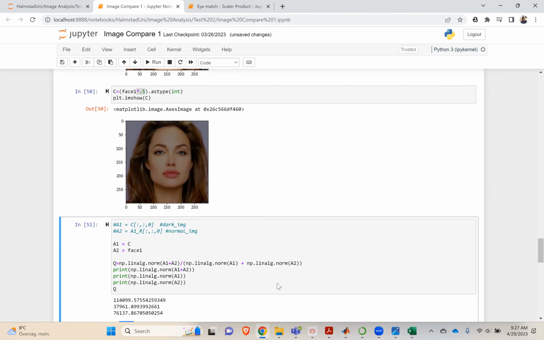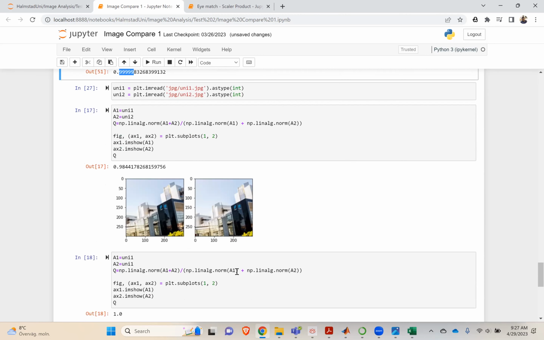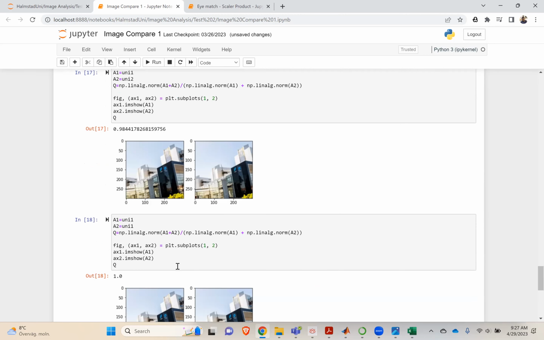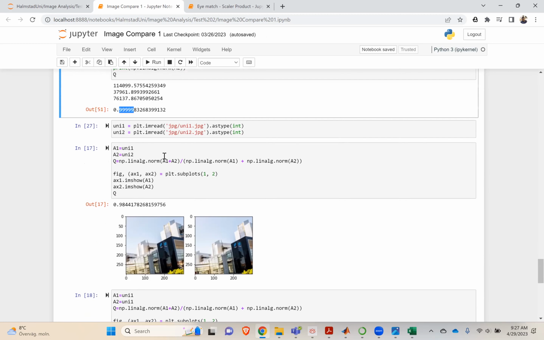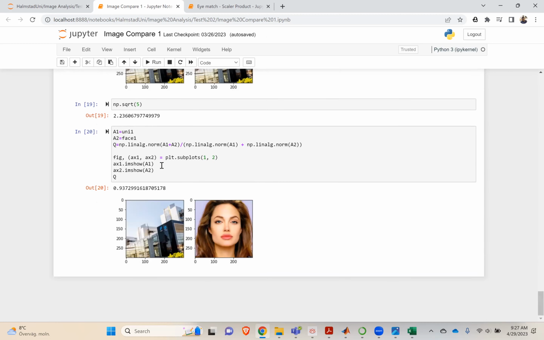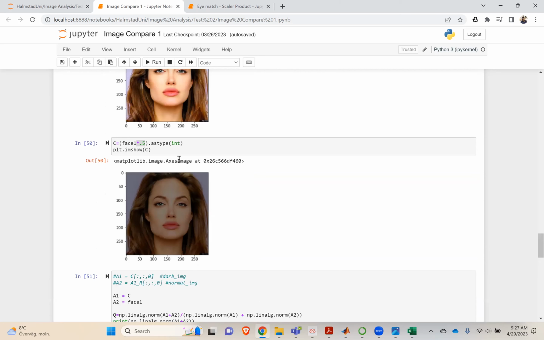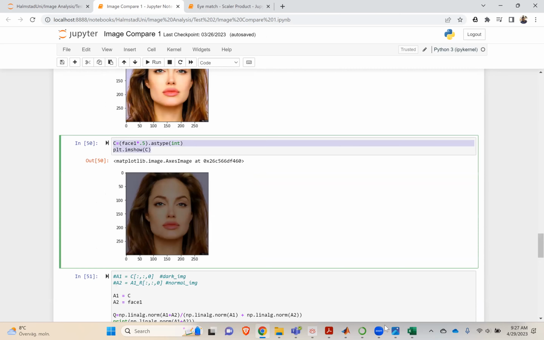Okay. But it is not a perfect calculation. I compared with this face, the university image, and still I got 0.93. So we should stop this calculation here.